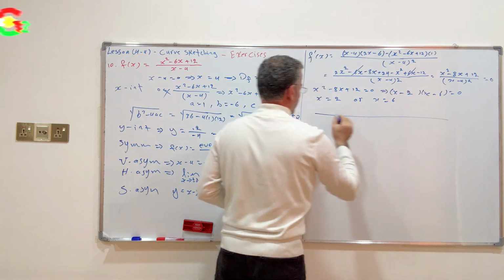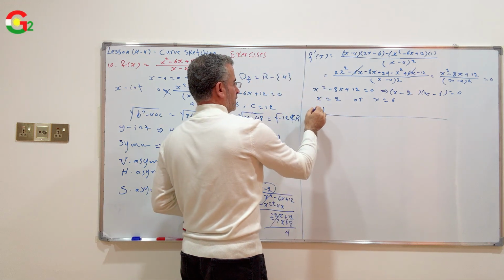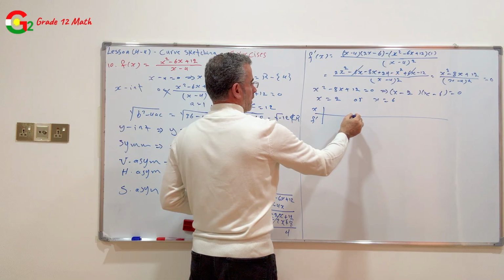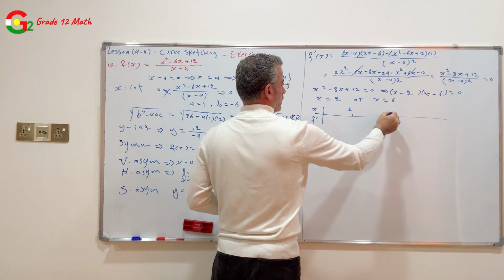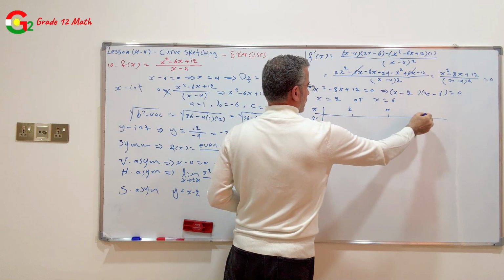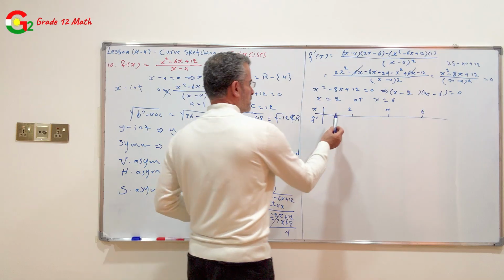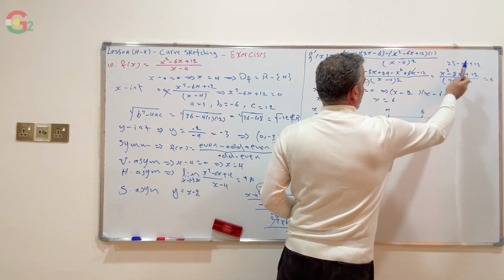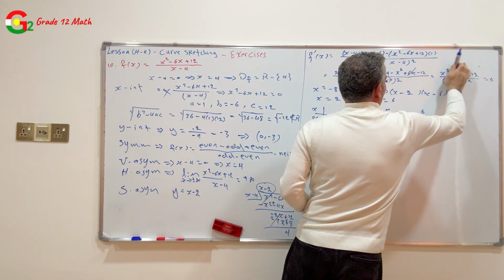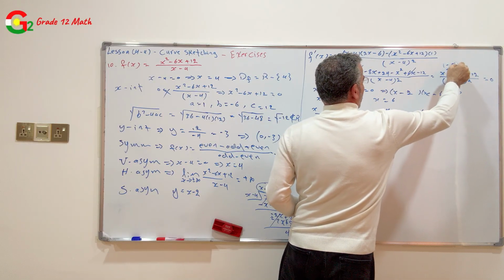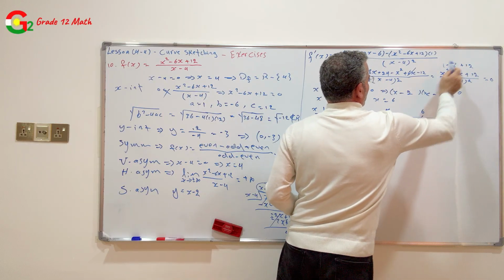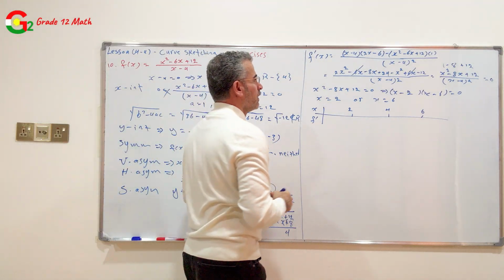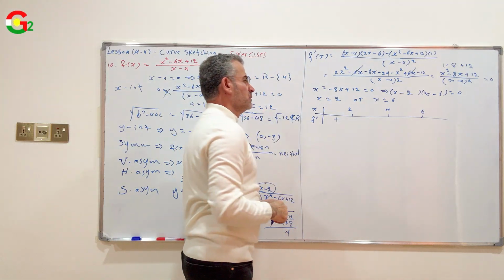Therefore, we find the sign of the first derivative before and after these critical values, 2, 4, 6. Before 2, take 1: 1 minus 8 plus 12 is a positive value.